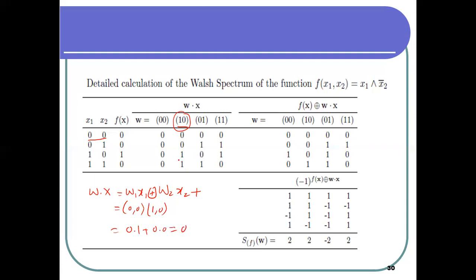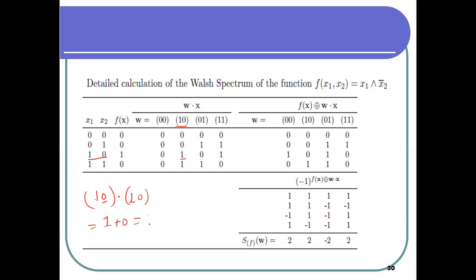So how can I get this? Here, 1 0 dot product with 1 0. If I multiply this with this, I get 1, and if I multiply this with this, I get 0, so I get 1.